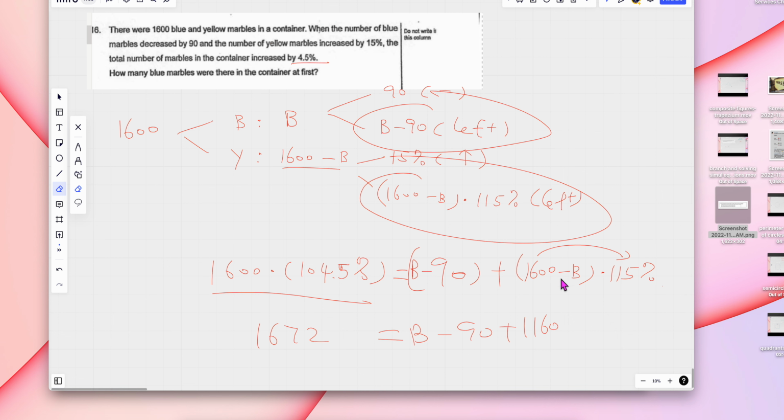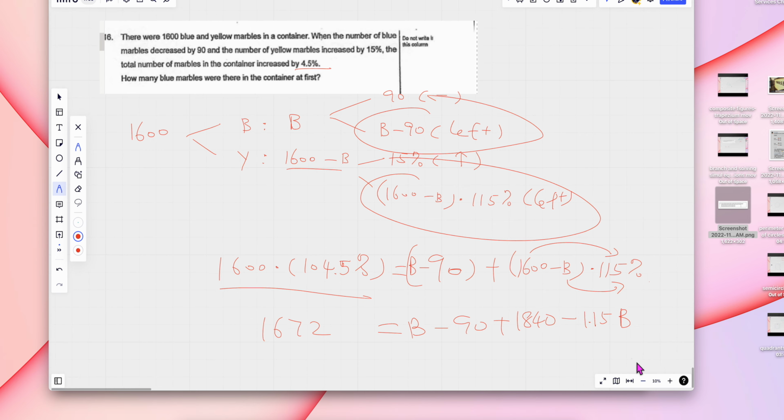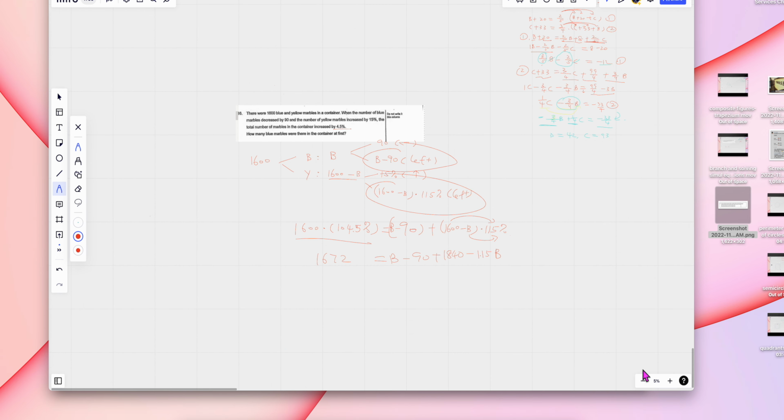Now you can look at here, the first arrow, 1840. Okay, then the next one will be here, right? So it's minus 115. 115% is 1.15 by the way. So it's B. Okay? So far so good?